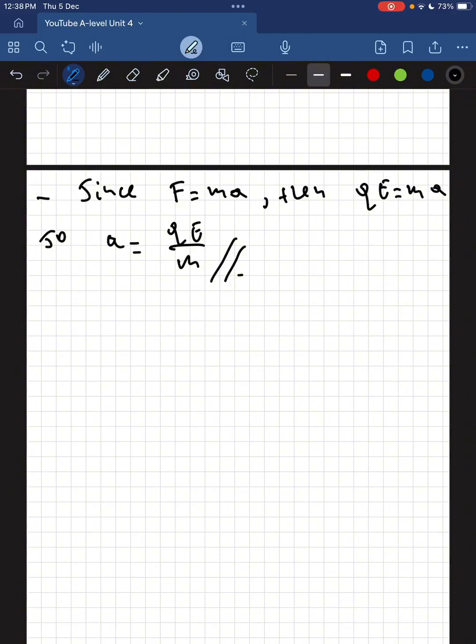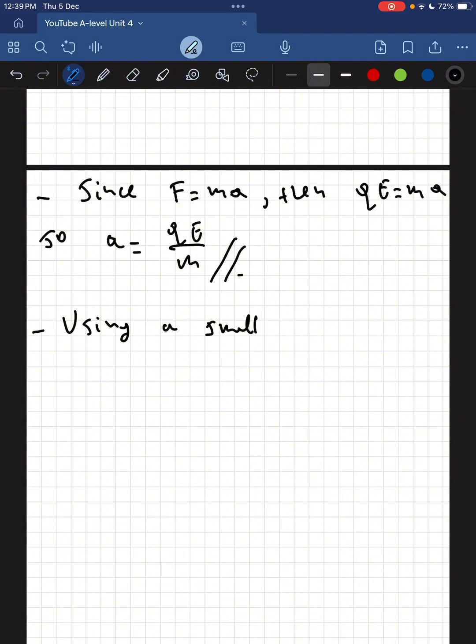Now we said that the electric field is a vector quantity, so it has both magnitude and direction. How do we find that direction? By using a small positive test charge that we put in the vicinity of the electric field. This is like a thought experiment, by the way.